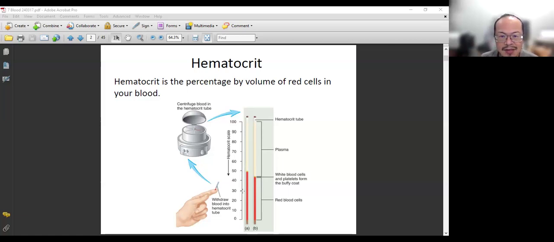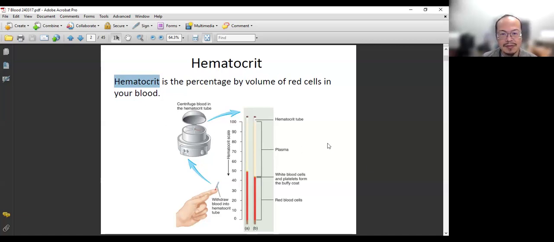The percentage of this red blood cell among the entire sample we call the hematocrit. So the first terminology we learned today is hematocrit. What is hematocrit? The percentage by volume of the red blood cells in the blood. So that's that. All right.